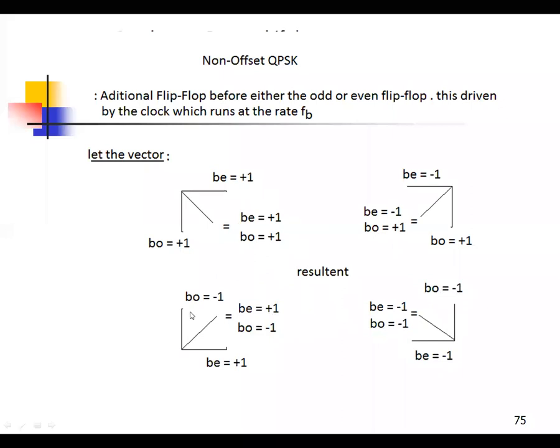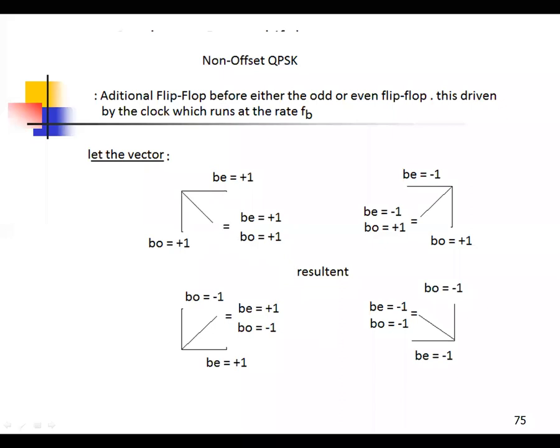Now the even and odd bits differ by 90 degrees. Here is the phase angle difference: the 2 bits, BE and B naught, have a 90 degree phase difference. The resultant is at 45 degrees. Okay, so this is non-offset QPSK.